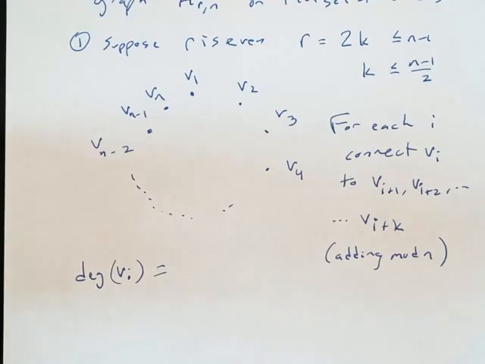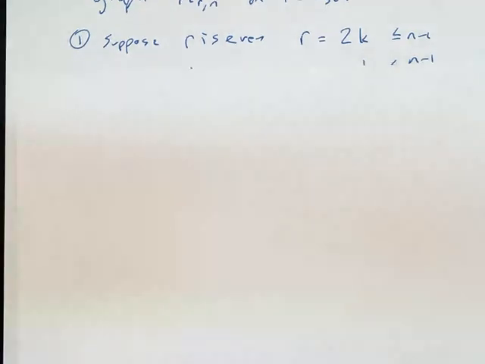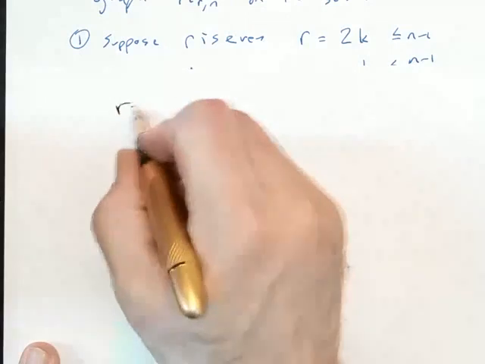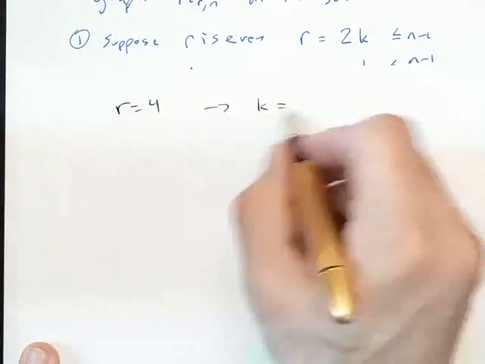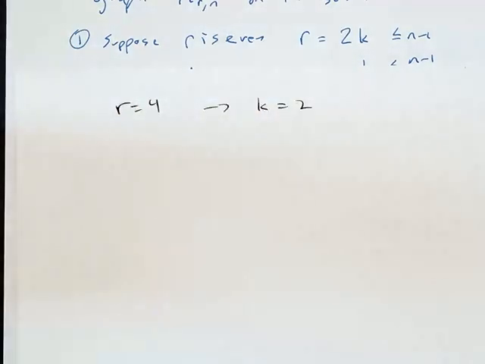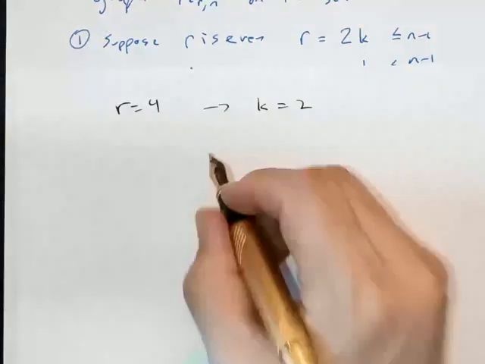Y'all are looking at me like I'm a space alien. Hang on a second. Concrete number. I said earlier, let's do r. Pick the number of vertices you want. I'm going to pick medium size. How about 10?